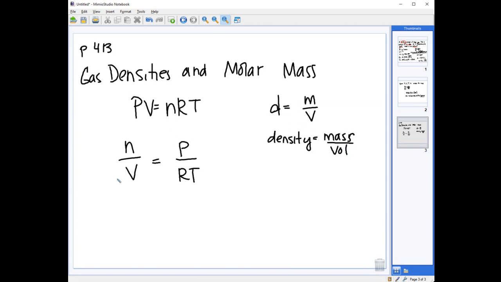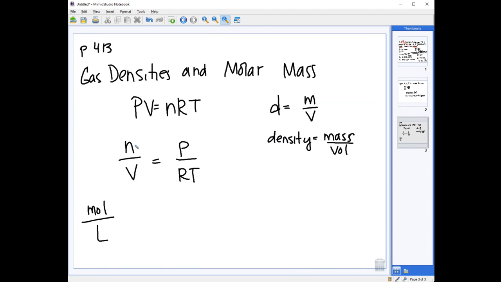Over here with our ideal gas equation, how we've restated this, we have moles divided by volume. Well, we can get rid of that by multiplying by our molar mass. If we say N over V, that's the same as moles over liter, right?